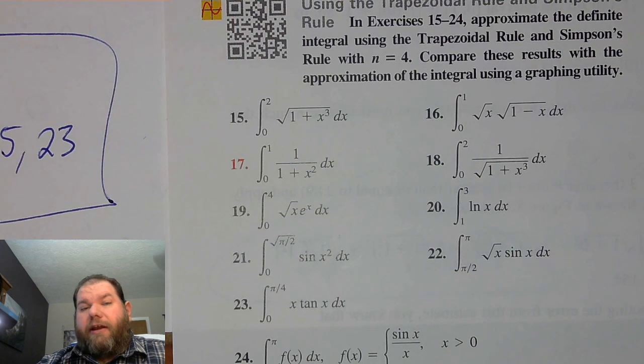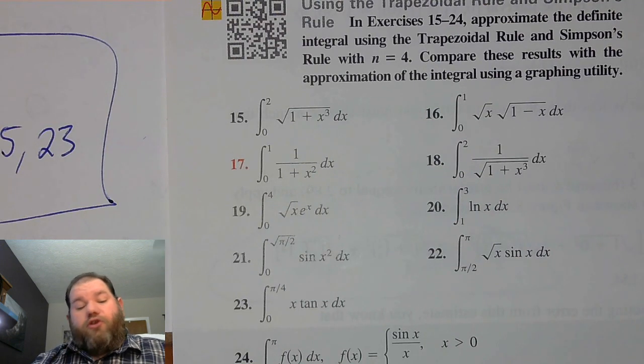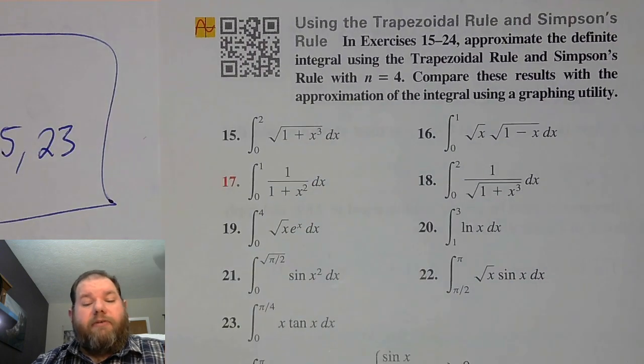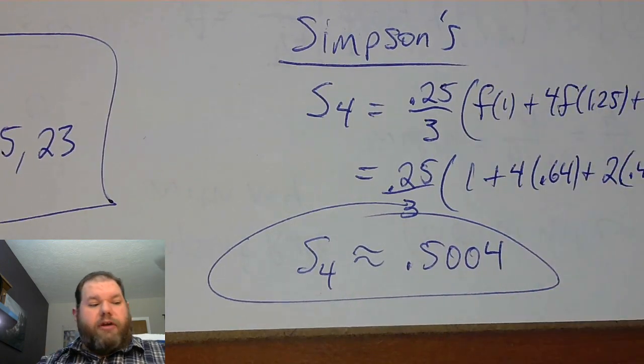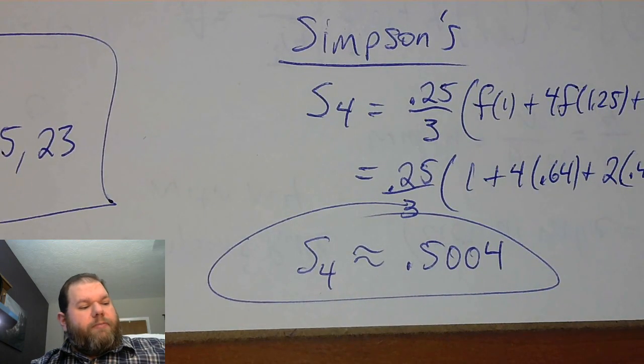I doubt x times tangent x is, although it might be possible with integration by parts. So unfortunately, I don't think we have exact values to compare those two, but you should get your numbers pretty close together for both Simpson's and the Trapezoid Rule, as we've been seeing in our problems today. They're not far off from each other, and they're not far off from the actual value in most cases. Even at n equals 4, that's pretty impressive, I think.